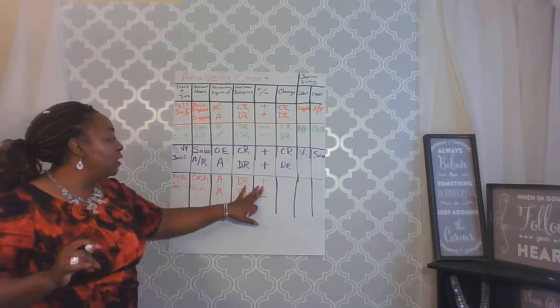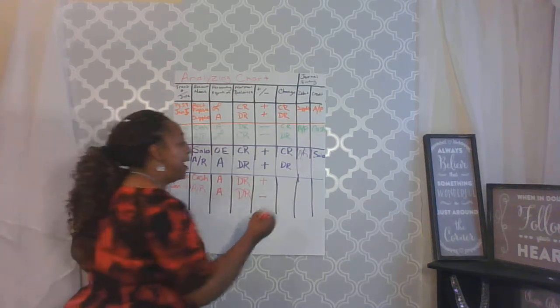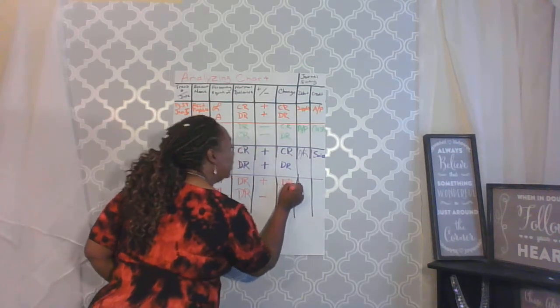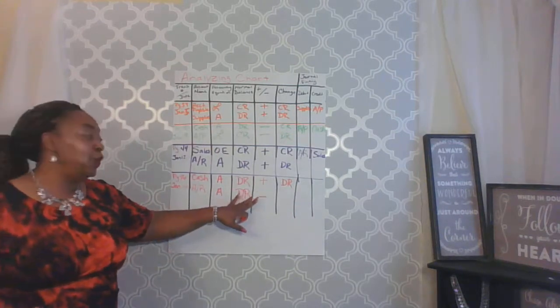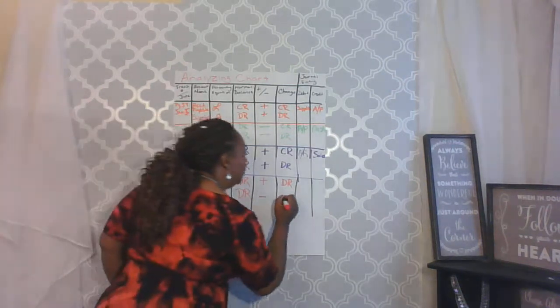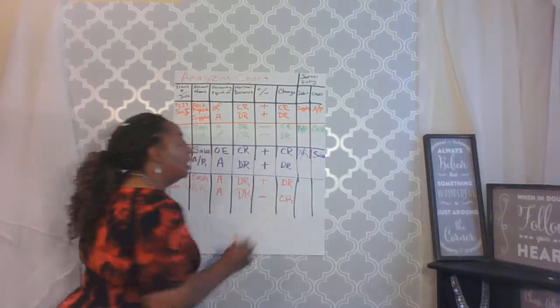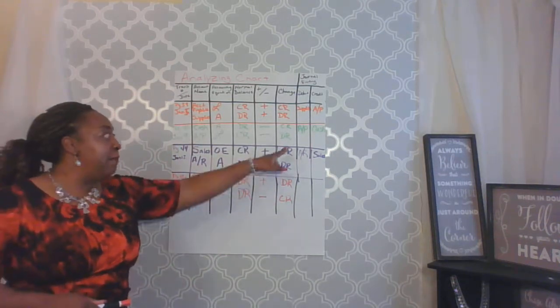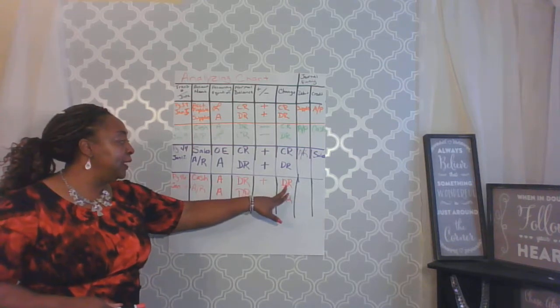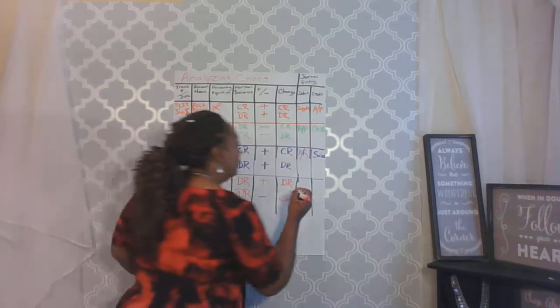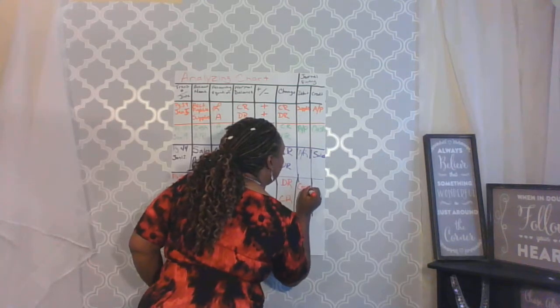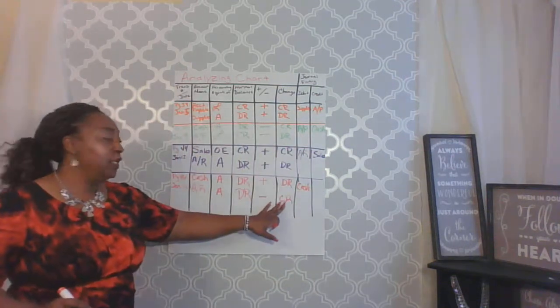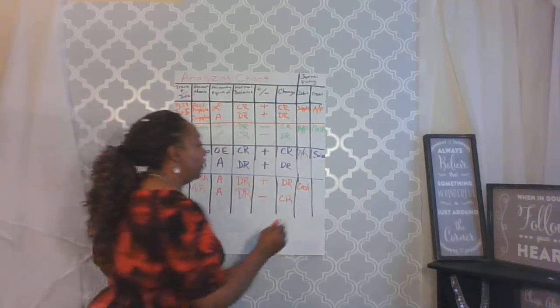So if this is a plus, we do the same as the normal balance, which here is debit. If this is a minus, we do the opposite of the normal balance, which is credit. So we always write the debit first. What account are we debiting based off the change column? We debit cash. Which account do we credit? We credit accounts receivable.